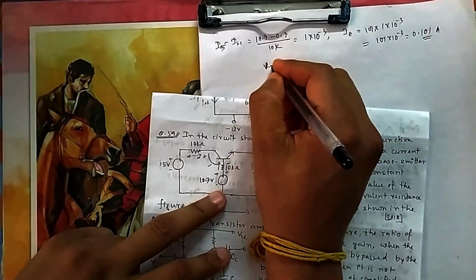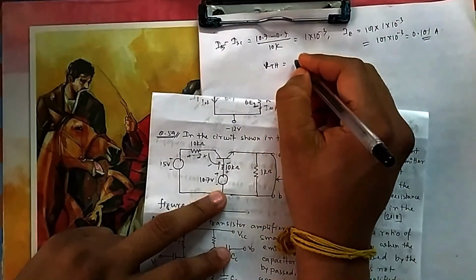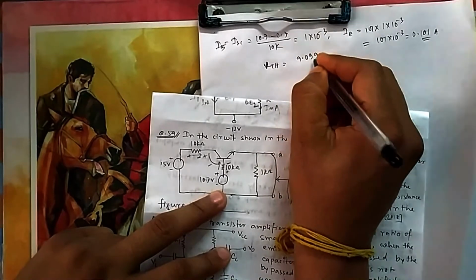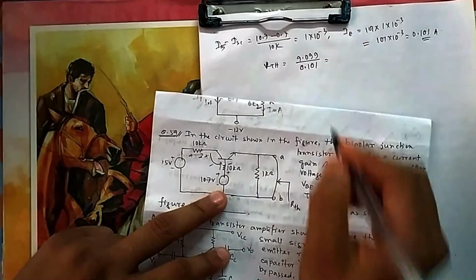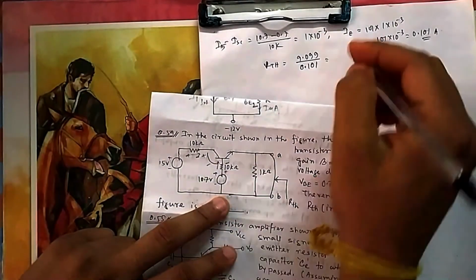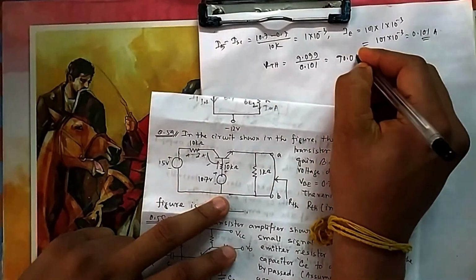Therefore RTH will be equal to your VTH, that was 9.099, divided by your ISC, 0.101. If you divide it, you will find it is around 90.08, or around 90.